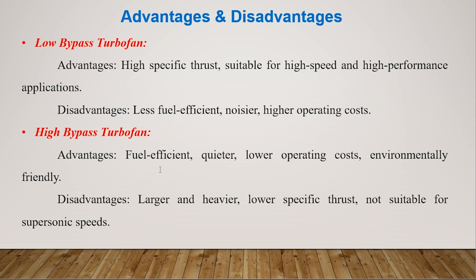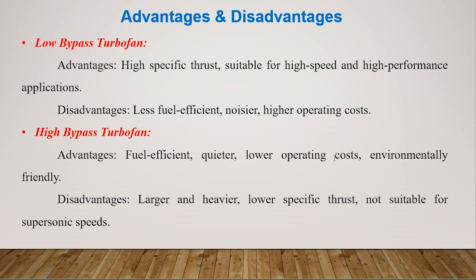Whereas the high bypass turbofan engine is fuel efficient, quieter, has lower operating cost, and is environmentally friendly from a noise perspective. So it is suitable for commercial applications, commercial jets, and widely used.